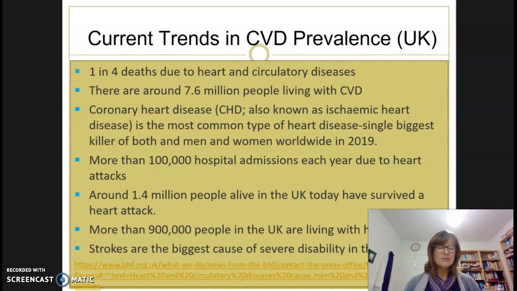So 100,000 hospital admissions, a massive impact on the health service, and about 1.4 million people who've actually had a heart attack and survived. More than 900,000 are living with heart failure, one of those grades. So a big impact on the health service, a big impact on people's lives and the cost of social care as well, because of the level of disability that is caused by cardiovascular disease.